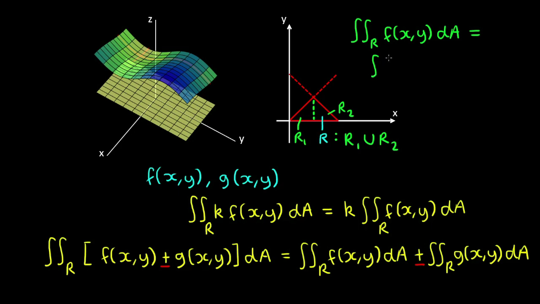So we have the double integral of the function over region 1 plus the double integral of the function over region 2.